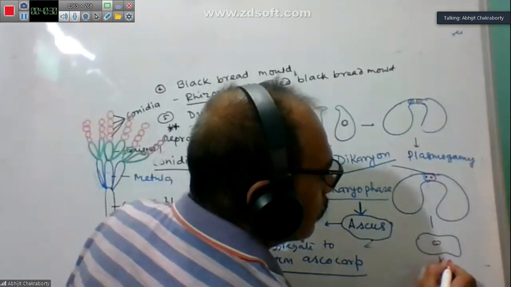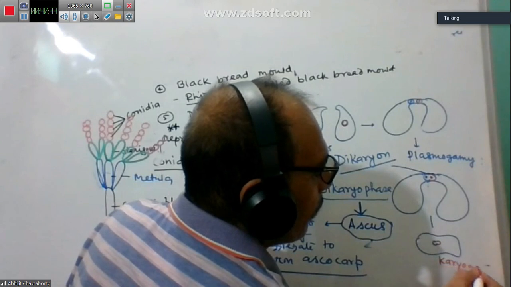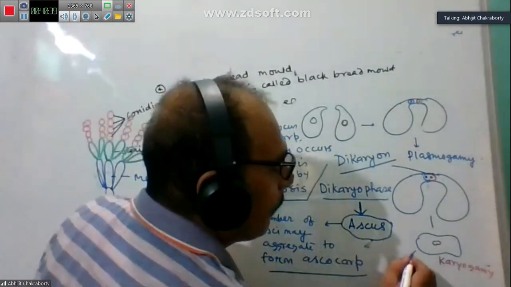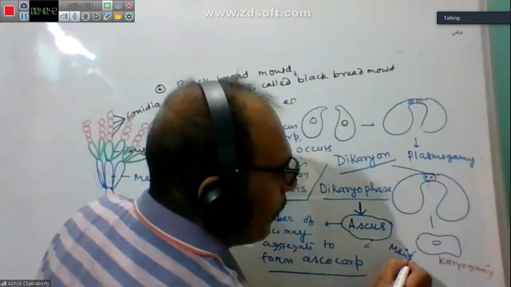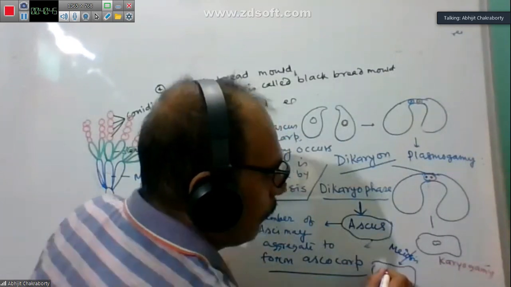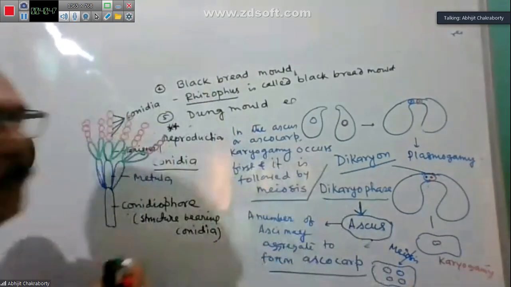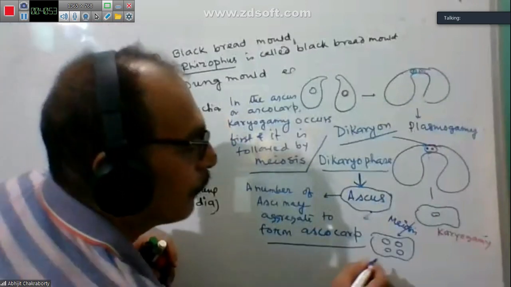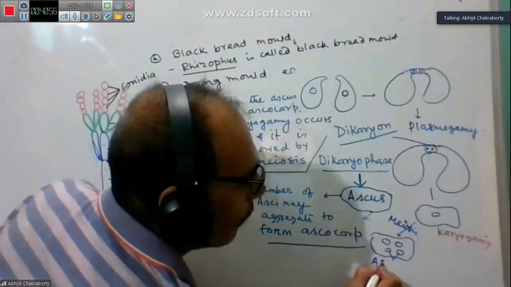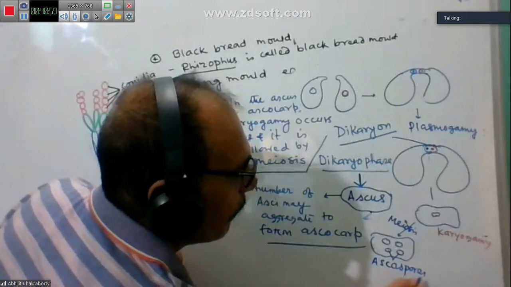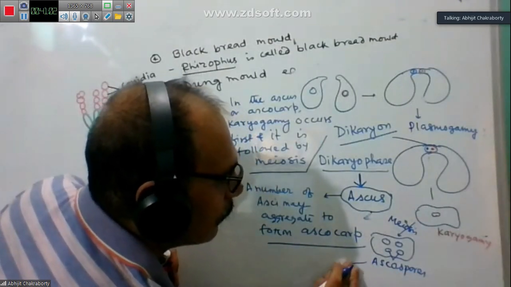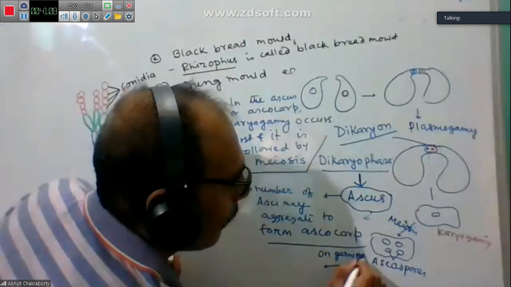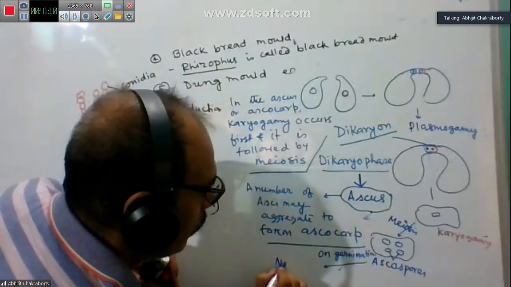Karyogamy occurs, and it is followed by meiosis, forming sometimes four, and they are called ascospores. On germination, neomycelium.